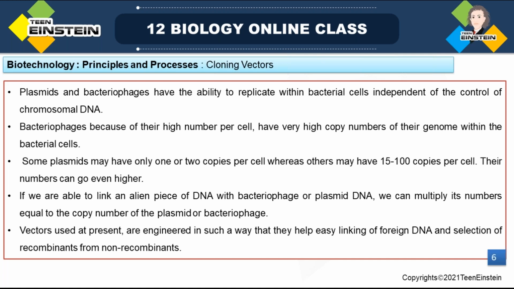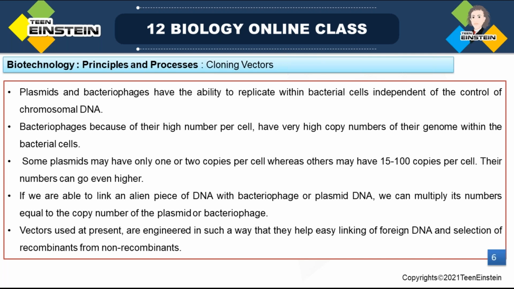The chromosomal DNA won't have any control over this vector. So the vector will multiply along with the copy number. That's why these are selected for cloning, because in a faster way we'll get more numbers.